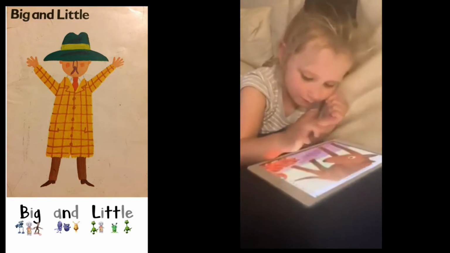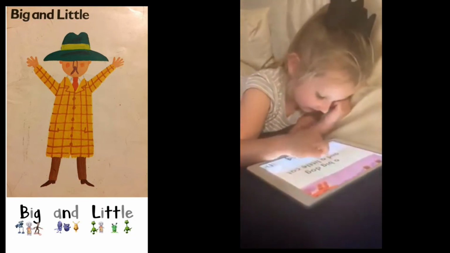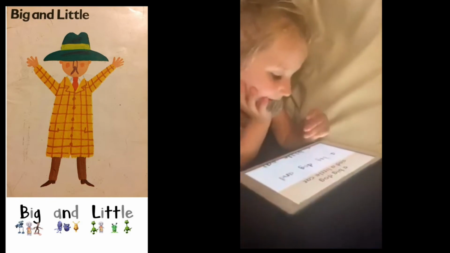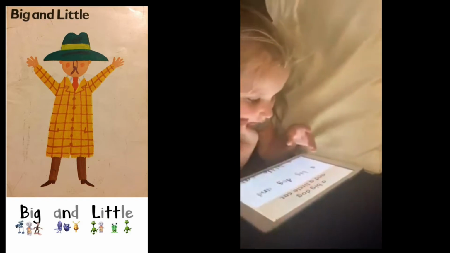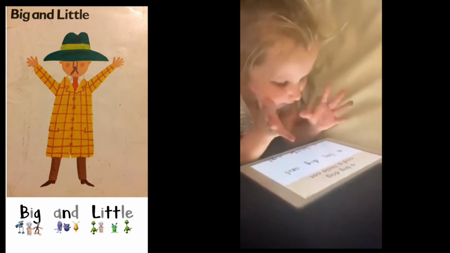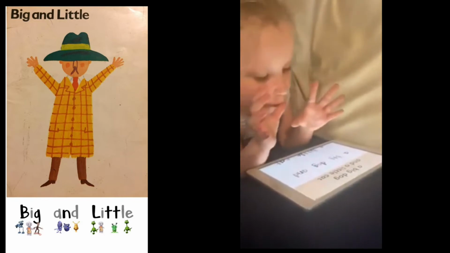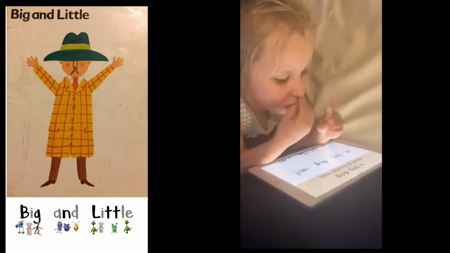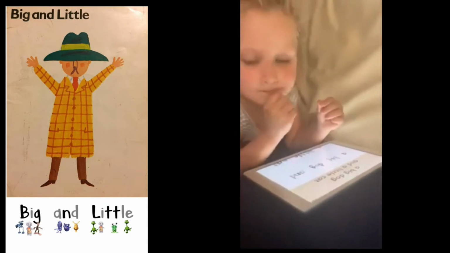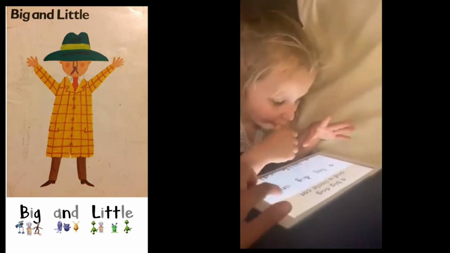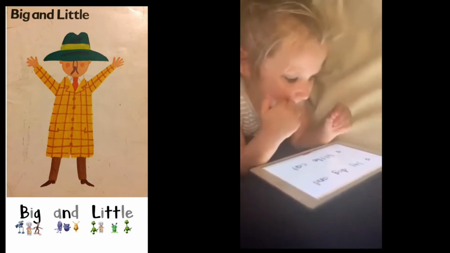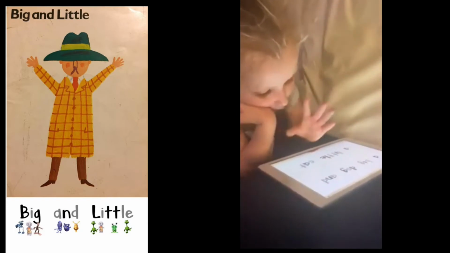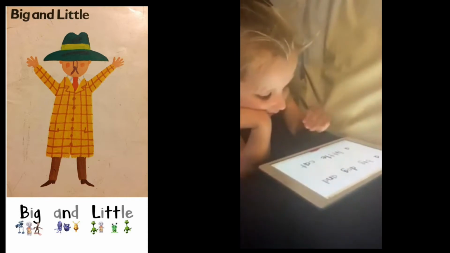Little kitty. Can you read that, please? Starting up here. A big dog and a little cat.